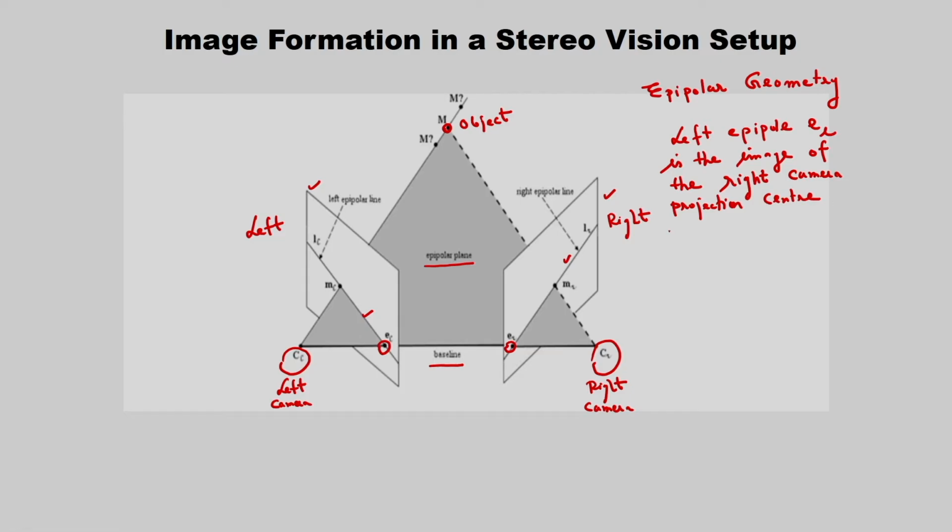Right camera projection center is C2. Here I am writing CR. Right camera projection center CR in the left image plane.